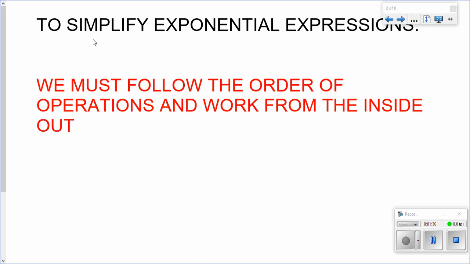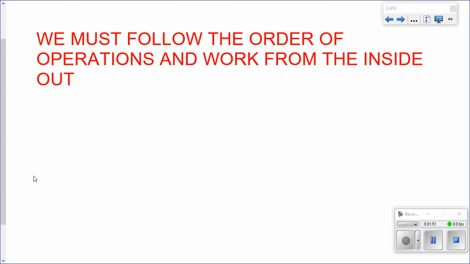The main golden rule is that you're following order of operations. You want to work from the inside out. Okay, because if you start with the inside, all that stuff works itself out as you move out. Okay, is there anything else on this page?